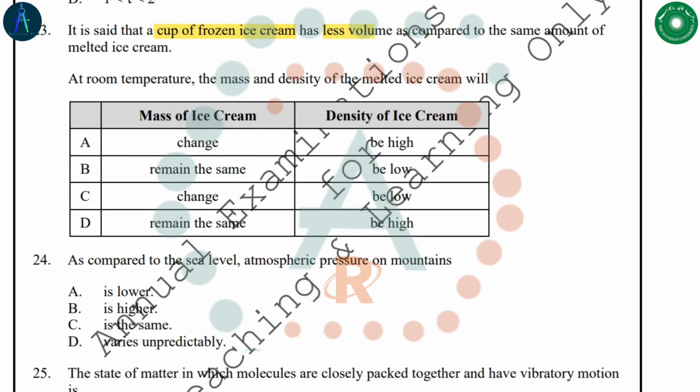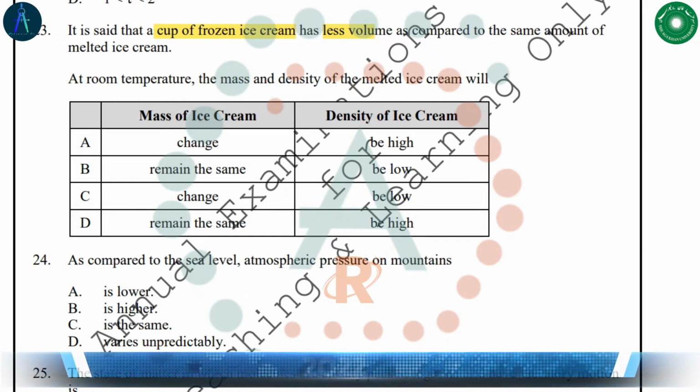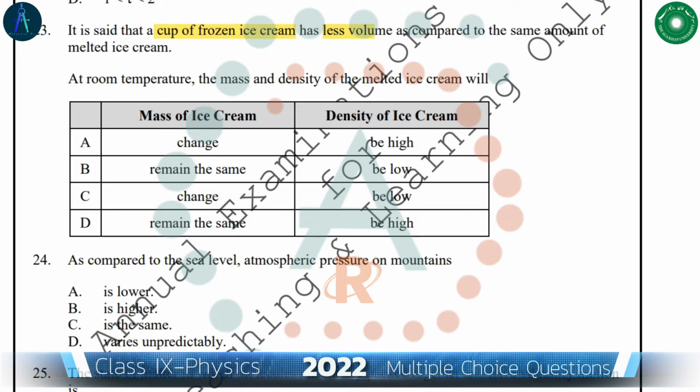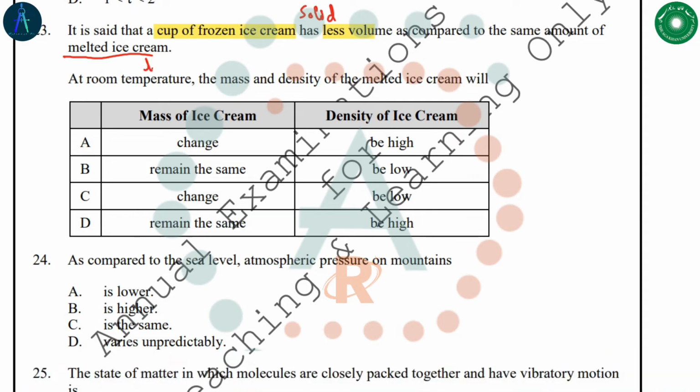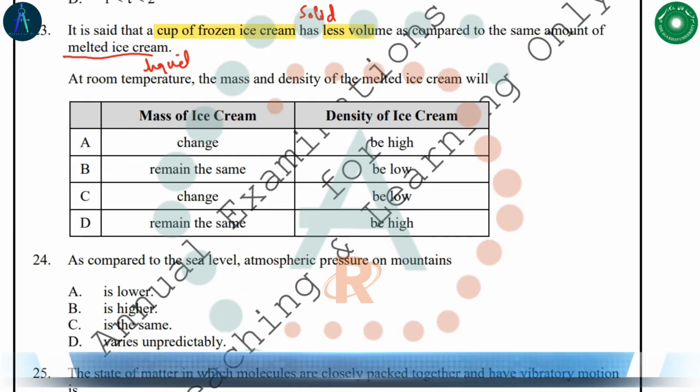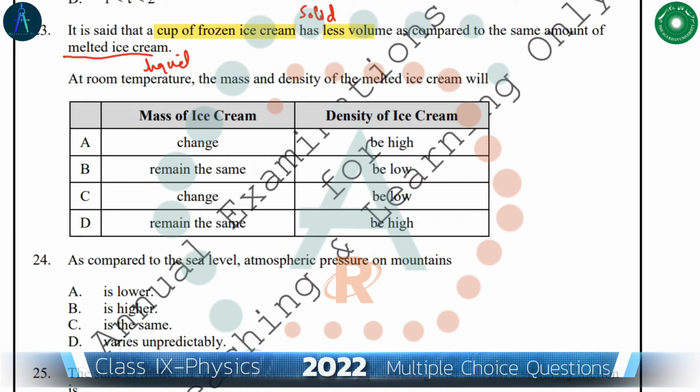This means that the frozen ice cream takes less space as compared to the same amount of melted ice cream. So this is solid and this is liquid. At room temperature, the mass and density of the melted ice cream will be what?